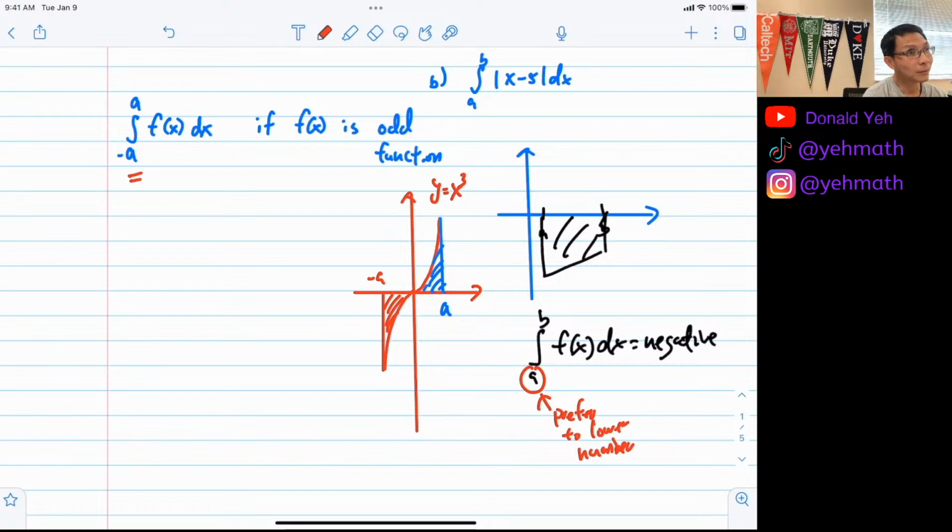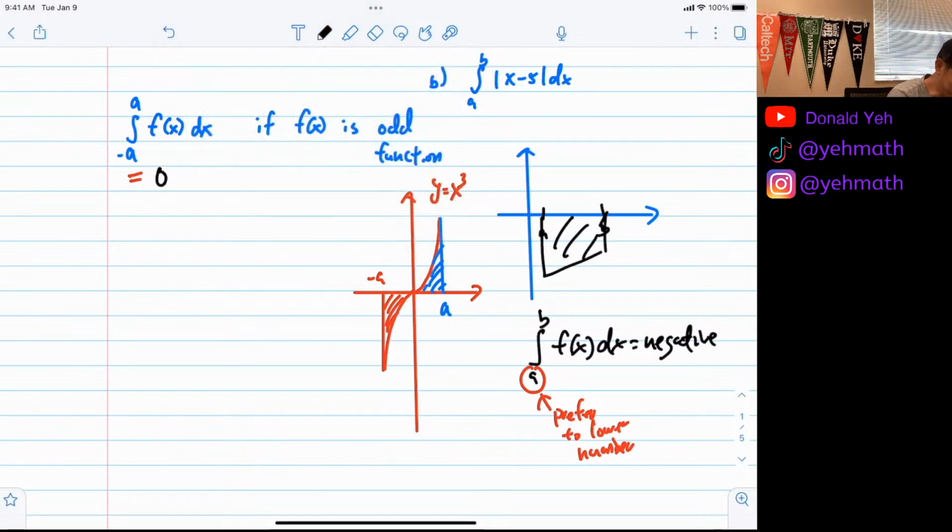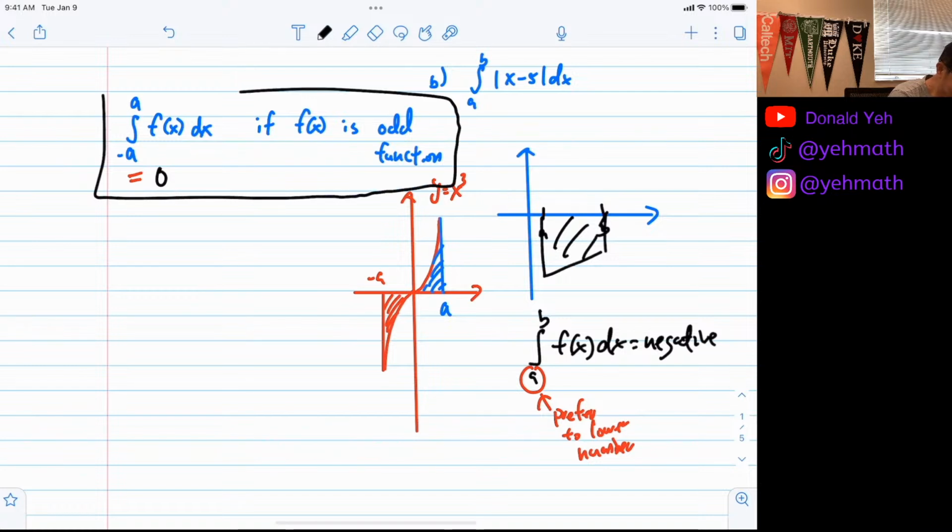Is it 0? Good job, Vincent. Yes. Why is it equal to 0 though? Vincent, can you explain to other people why it's equal to 0?